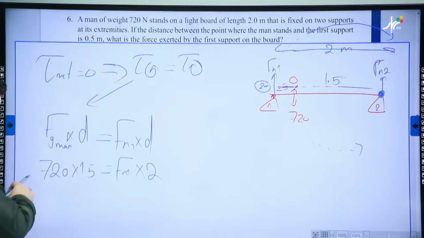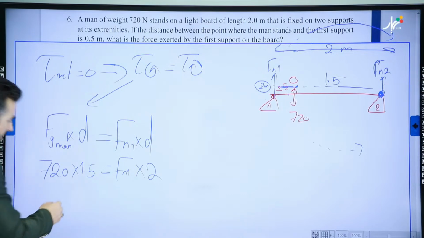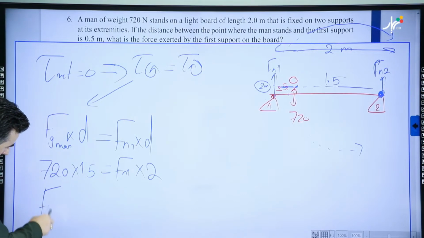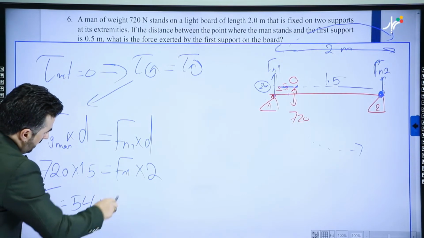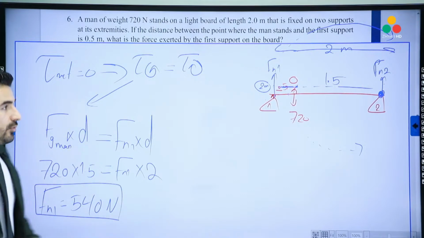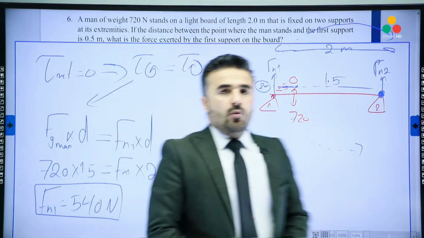So 720 times 1.5 equals 1080, divided by 2. We can say F1 or Fn1 will be 540 newtons.